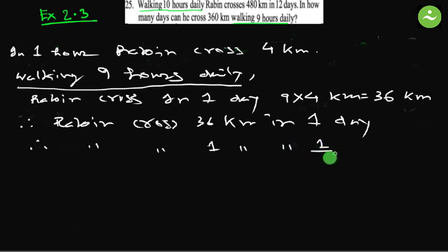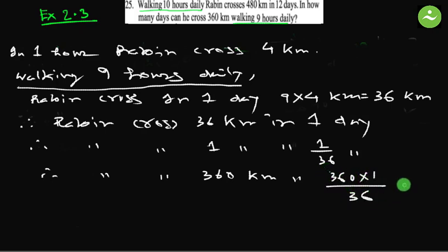So 1 by 36 day. Therefore, Robin crossed 360 kilometer in, we multiply, it will be more. So 360 multiply 1 divided by 36 day. If we simplify, divide both by 36, this will be 10 and this will be 1, equals to 10 days.